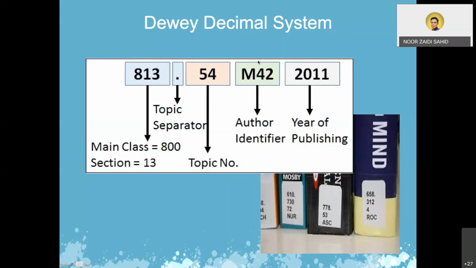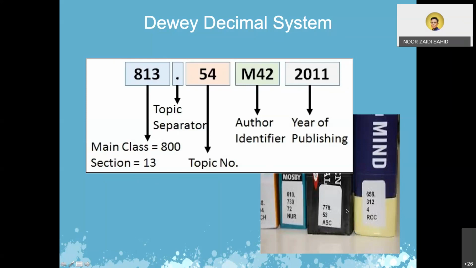But in the earlier example, the author identifier is represented by the first alphabet of the name and then 42. 42 is a code number representing the author in that library. But most libraries in Malaysia use this method: the identifier is the first three characters of the author name, and then the main class number.